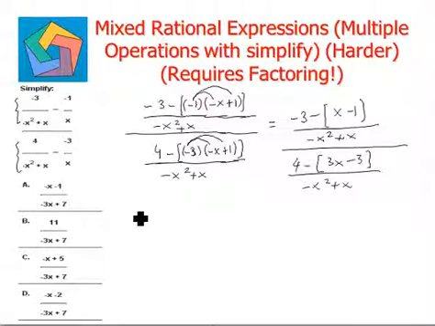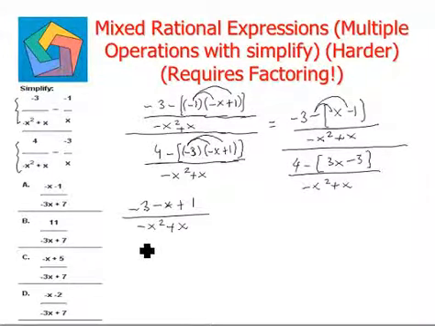So this is negative 3 minus x plus 1 divided by negative x squared plus x, because negative times positive is negative and negative times negative is a positive, divided by 4 minus 3x plus 3.